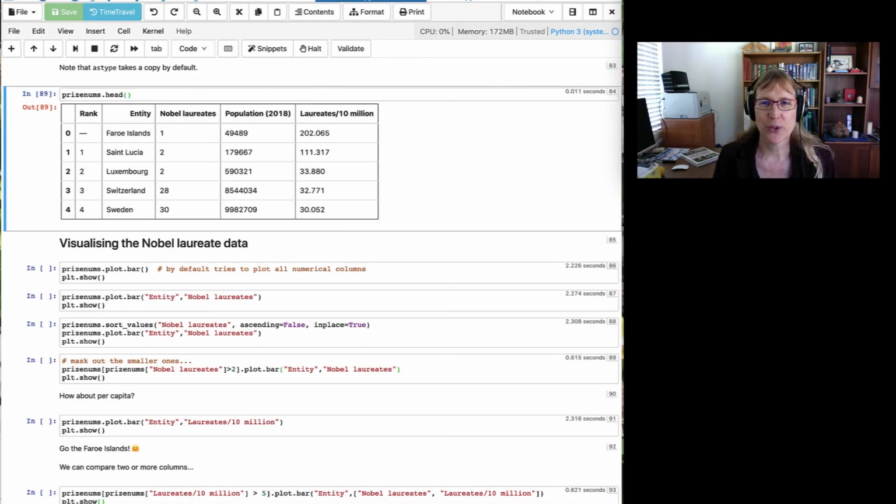So the next thing we want to do is try and visualize some of that data that we've got. We'll start with the Nobel laureates, and we'll demonstrate some of the built-in visualization tools that Pandas has.